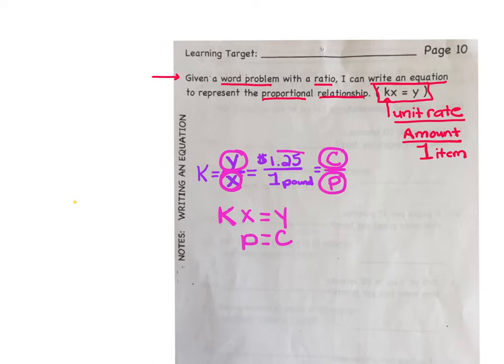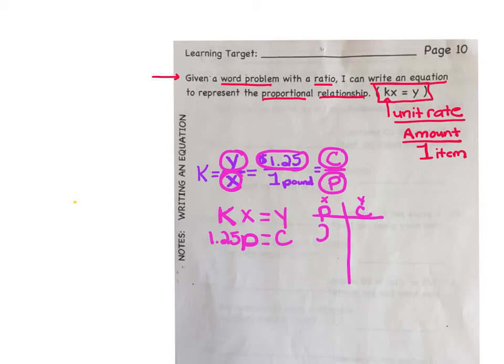And of course, our K rate or our unit rate, it's $1.25 times every pound of candy. Now we can use this equation with a table. So instead of x and y, we're going to use p for pounds of candy and c for total cost.